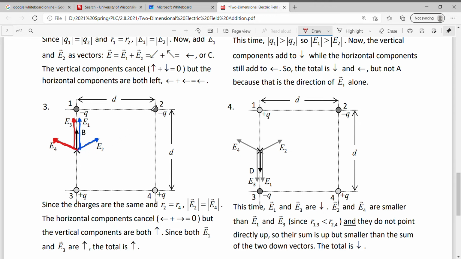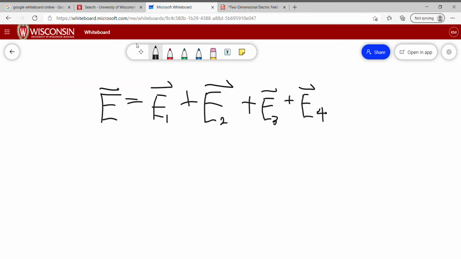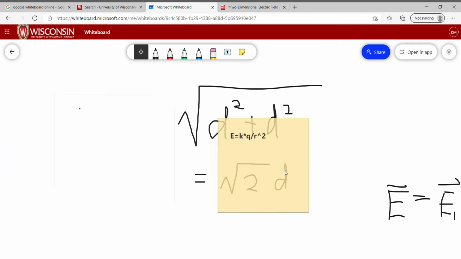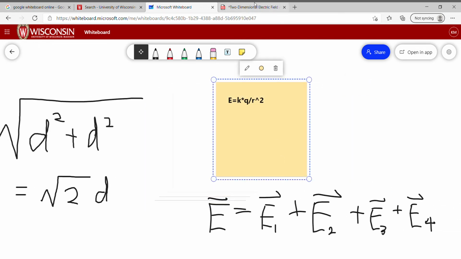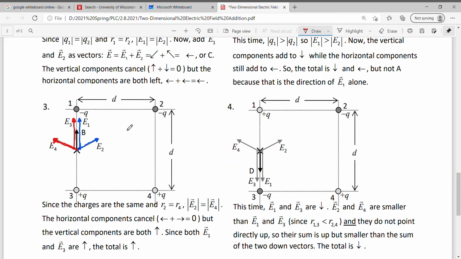So these are equal, and this is negative 1q and this is positive 1q. Therefore, based on the formula, their electric fields have the same magnitude, and they are symmetric about the y-axis. Therefore, if we add these two vectors, the sum of E2 and E4 will point up.